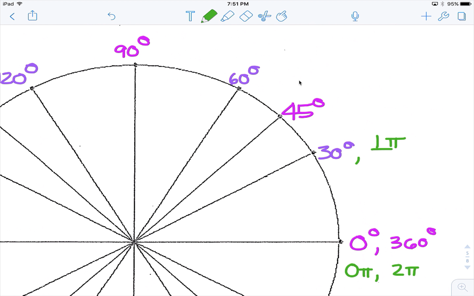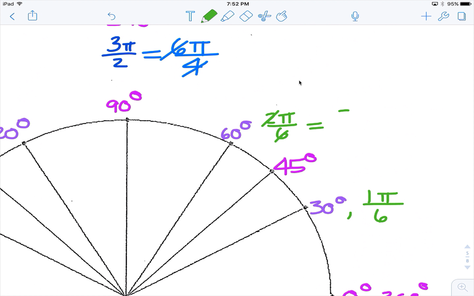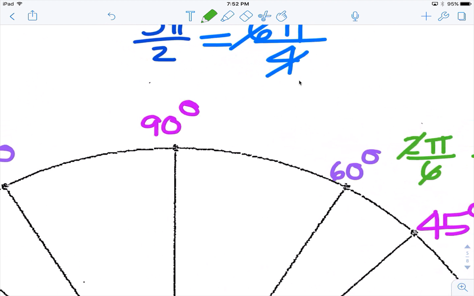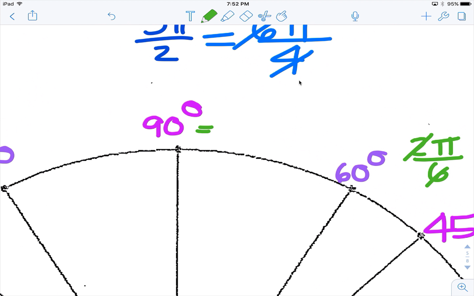This would be 2/6 pi, which we don't call that. We reduce it to pi over 3. 90 degrees would be the same as 3 pi over 6, but we don't call it that. Instead, we reduce it to pi over 2.